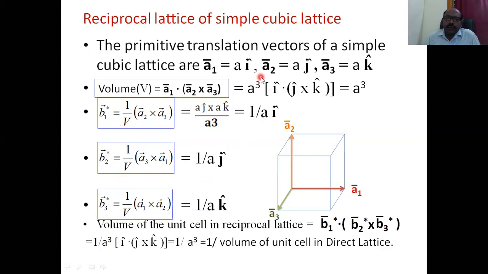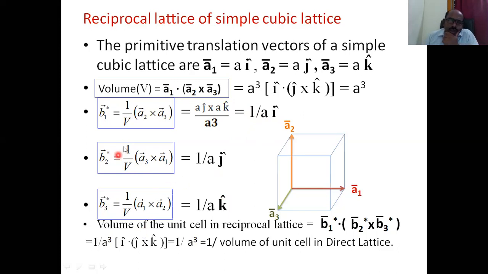Okay, so if we see the format, they are in the same format. The base vectors in simple cubic are some constant into i cap, some constant into j cap, and some constant into k cap. Here also we are getting the same, some constant into i cap, j cap, k cap.